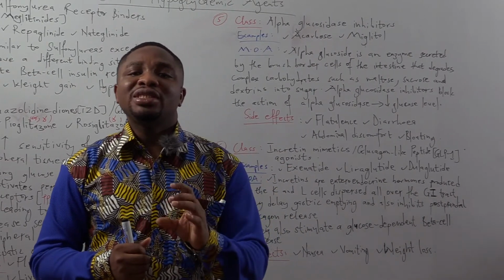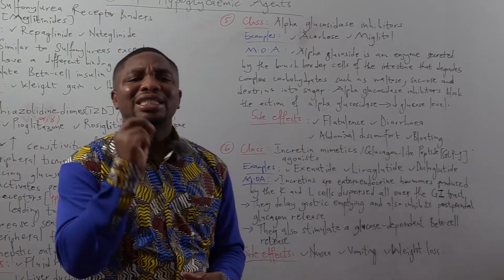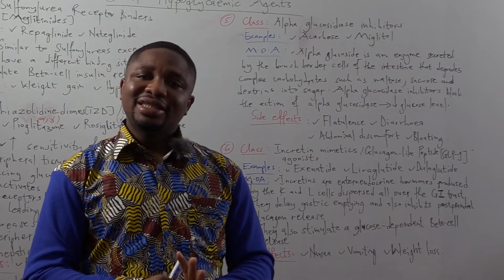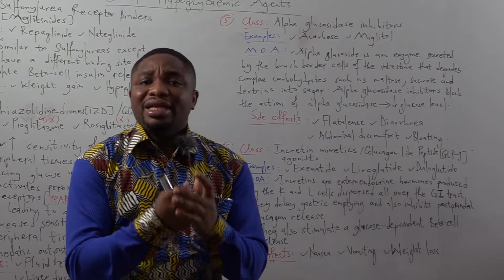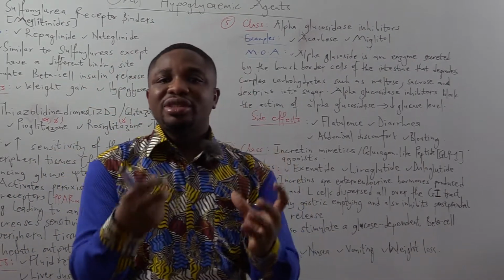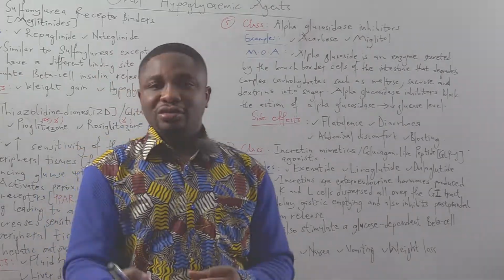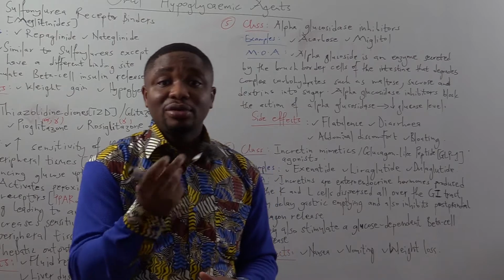The alpha glucosidase is an enzyme secreted by the brush border cells of the intestines. They degrade complex carbohydrates such as sucrose, maltose and dextrins into glucose. The resultant effect is an increase in the level of serum glucose.